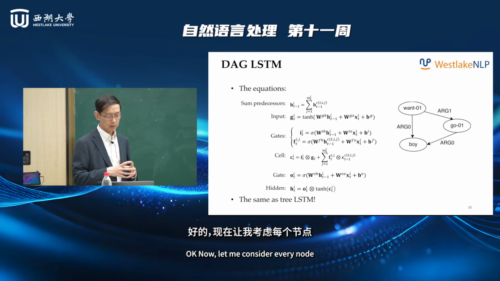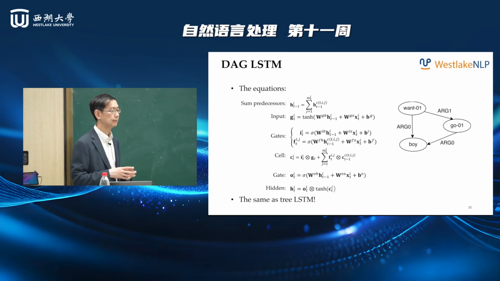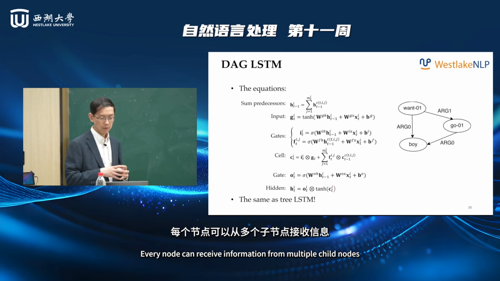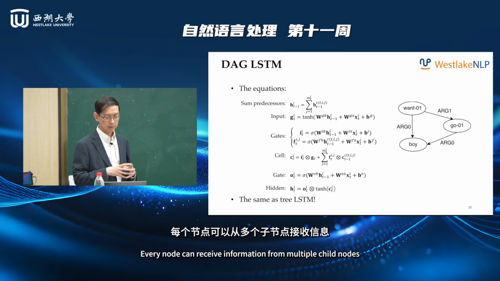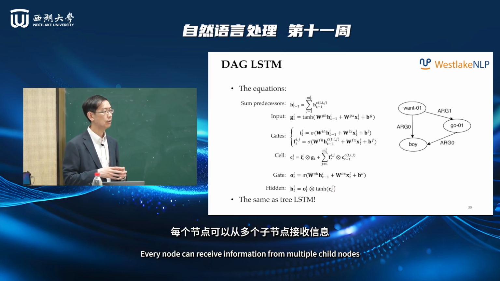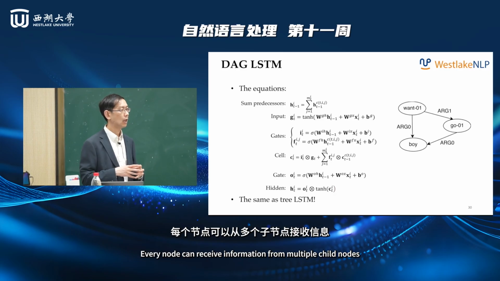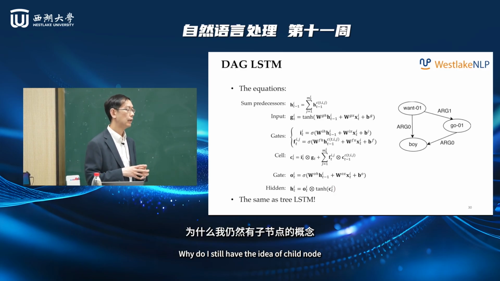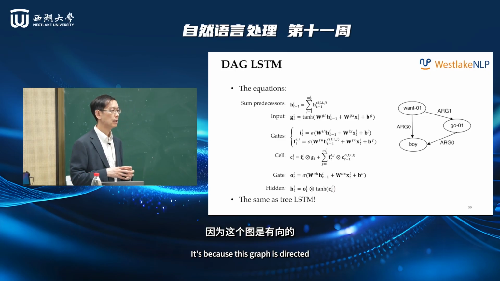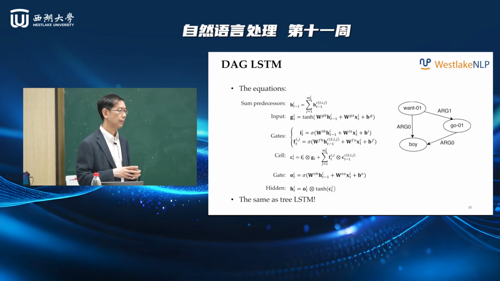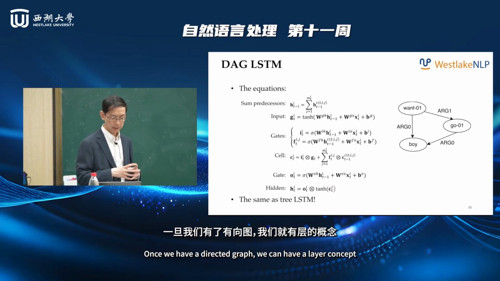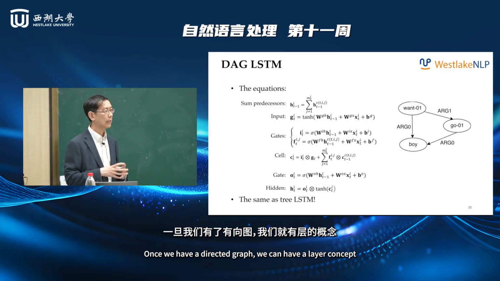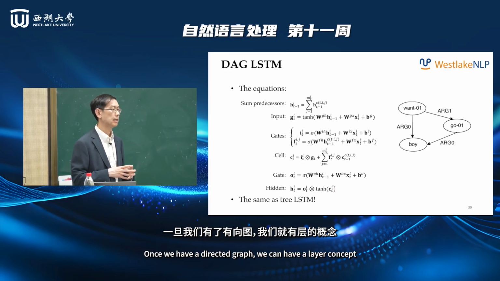Okay? Now let me consider every node. Every node can receive information from multiple child nodes. Okay? Why do I still have the idea of child node? It's because this graph is directed. Once we have a directed graph, we can have a layer concept.